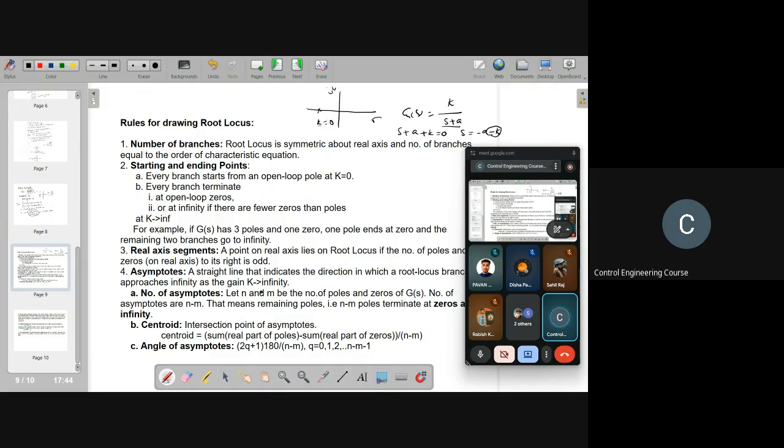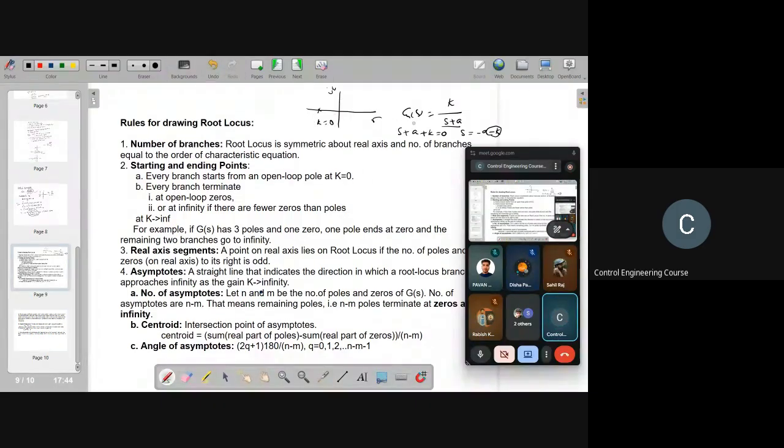Is it clear? Now, where does it end? It ends at open loop zeros. If the number of zeros is less than the number of poles, then the remaining poles end at infinity.